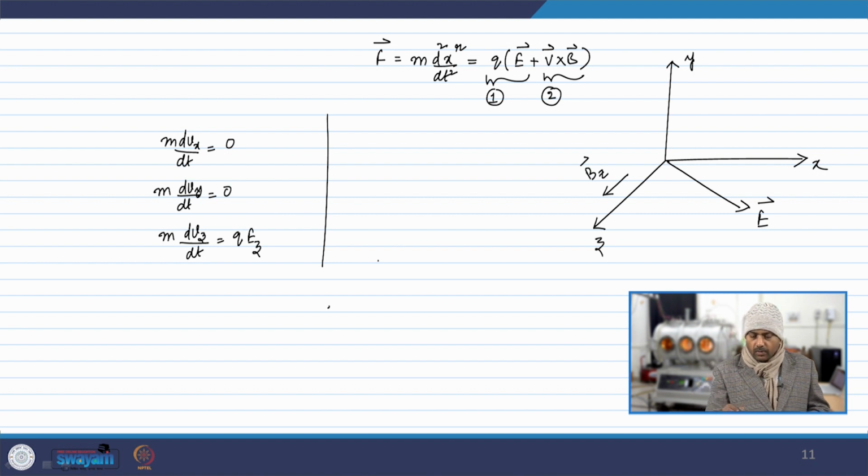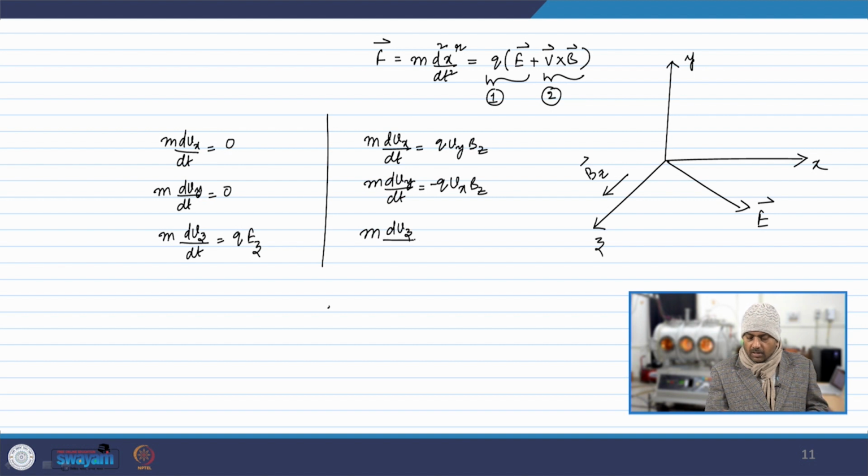Now, similarly, when we have only the magnetic field, we can write m dvx by dt is q vy Bz, m dvy by dt is minus q vx Bz, and m dvz by dt will be 0.